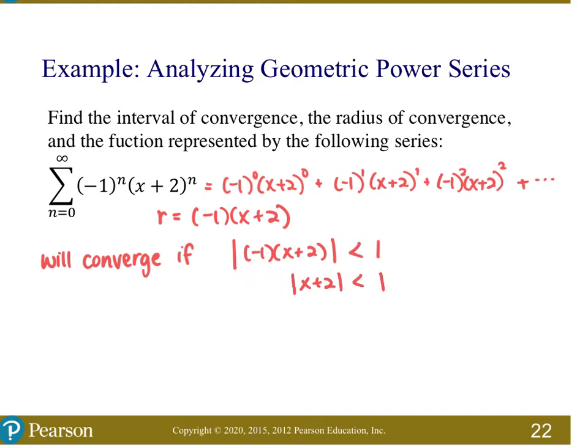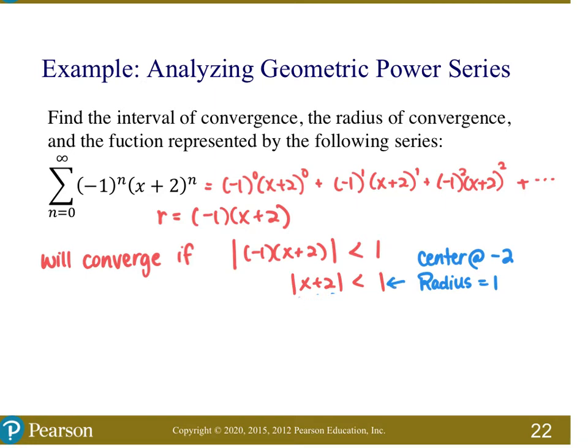So we've got the absolute value of x plus 2 is less than 1. This is written in the form where we can tell what the center is and what the radius is. So the center is at -2. If we wrote this x minus -2, that would be the same thing. So that's where the center comes from. The radius is equal to 1 because of the value right there.